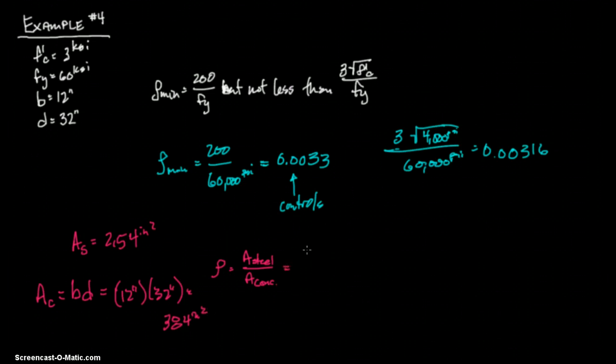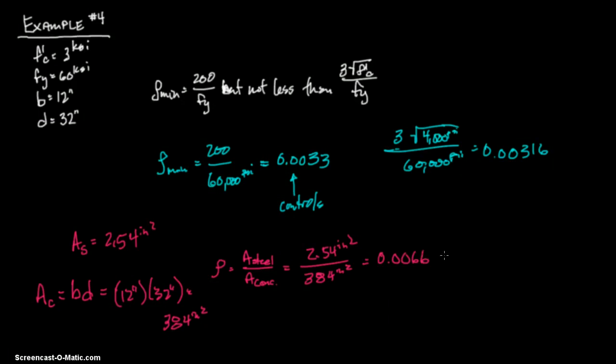Alright, now let's see what we get. 2.54 inches squared over 384 inches squared. And we should have something larger than that. 0.0066. And let's check and see if they got the same thing.